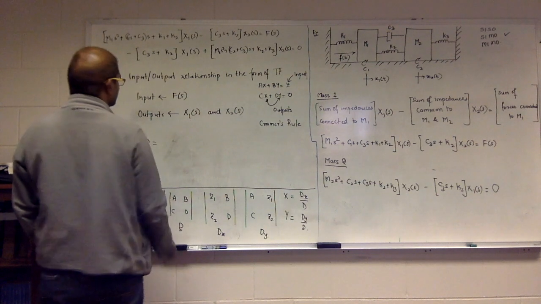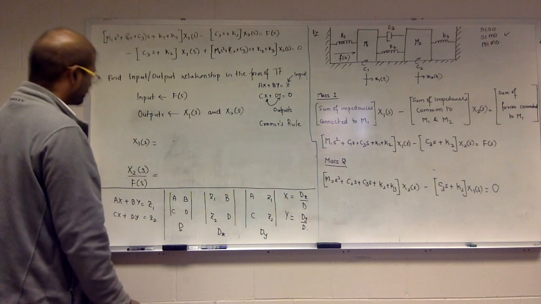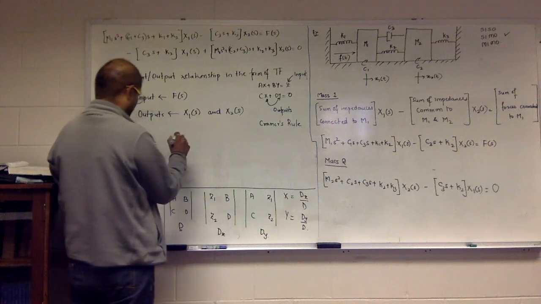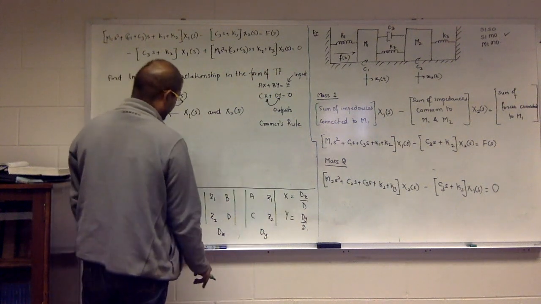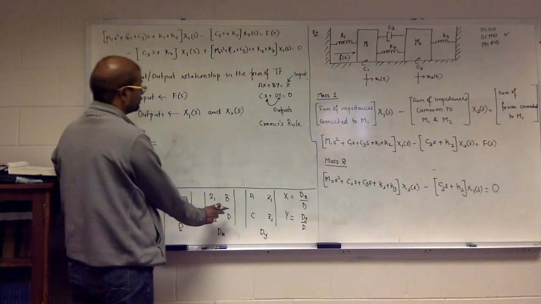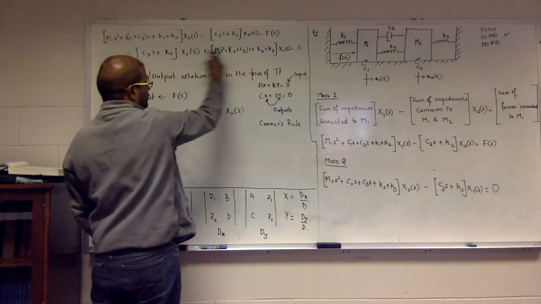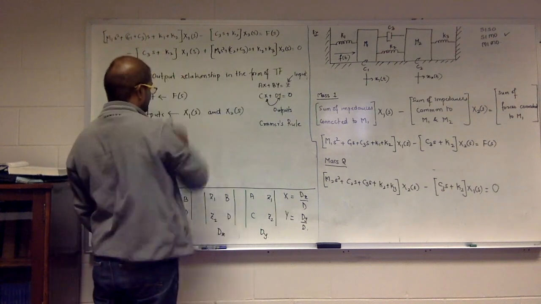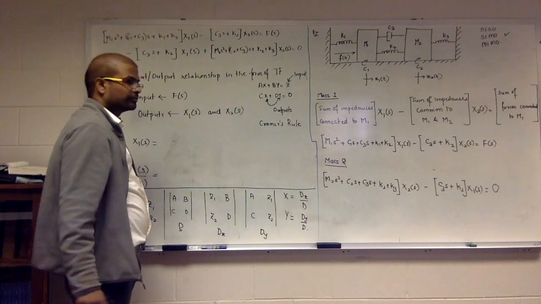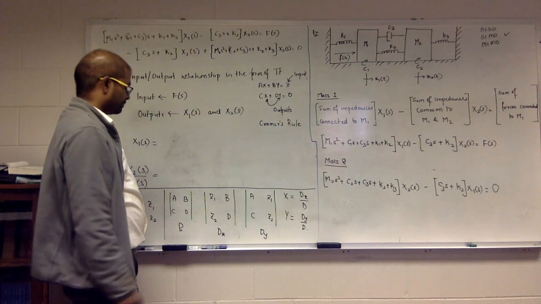What I'm going to get is AD minus BC for D. First, Dx: F comes here and 0 comes here.